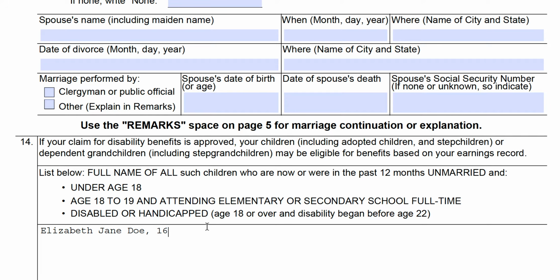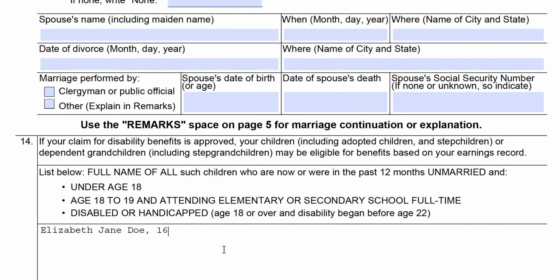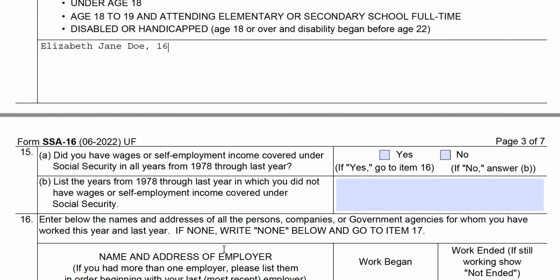But any children that are under the age of 18, or 18 or 19 and attending some sort of school, either high school or college full time, or if they're disabled or handicapped and the disability began before the age of 22, then those all would be eligible dependents based on your earnings history.